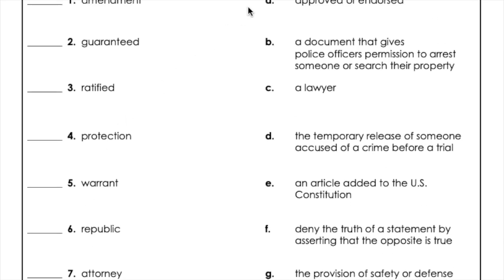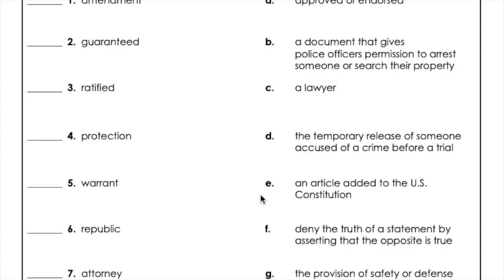A. Approved or endorsed. B. A document that gives police officers permission to arrest someone or search their property. C. A lawyer. D. The temporary release of someone accused of a crime before a trial. E. An article added to the U.S. Constitution.